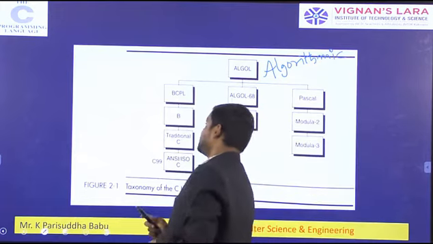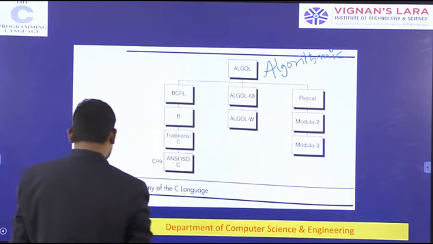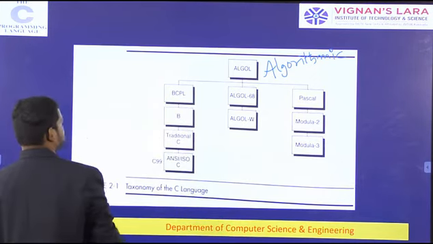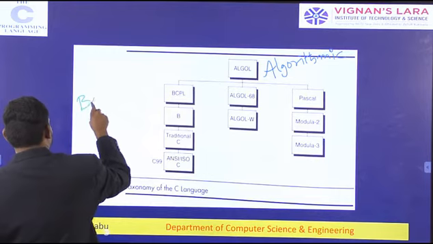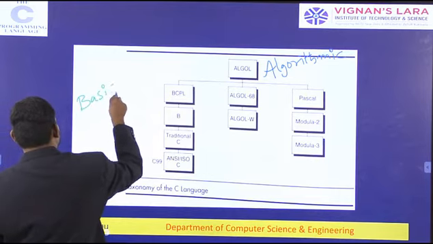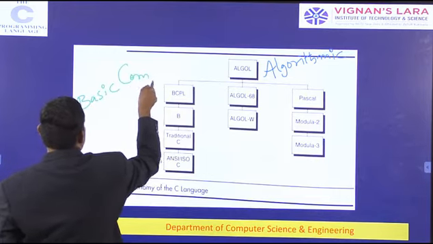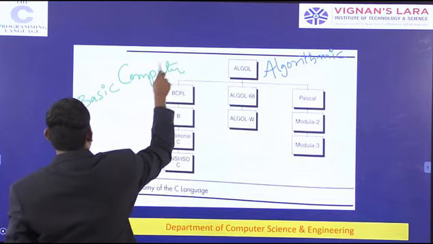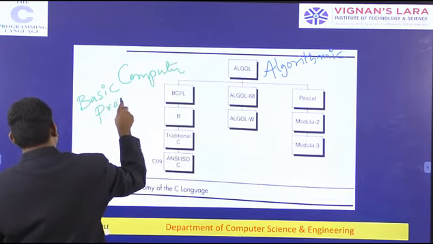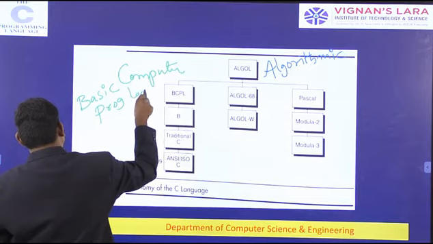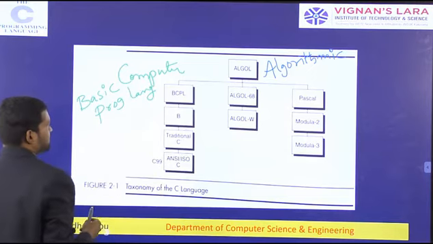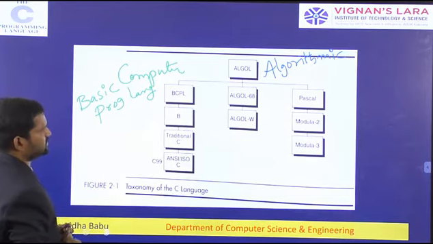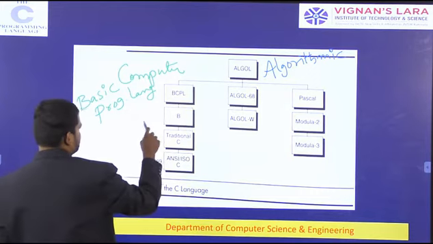After the algorithmic language, they developed the Basic Computer Programming Language, BCPL. After that BCPL, the B language was created.